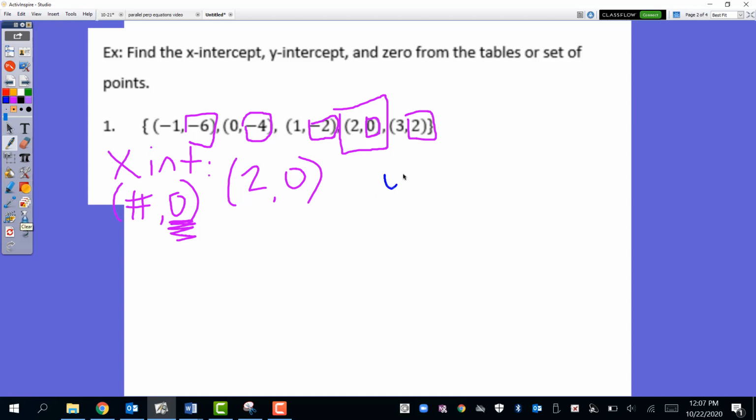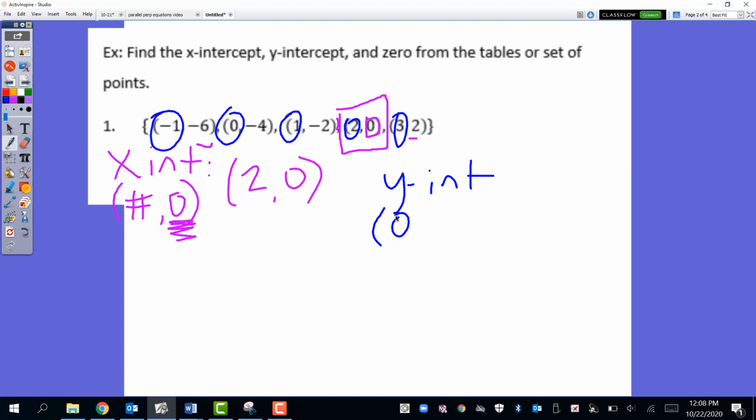For my y-intercept, I'm looking for the x to be 0. So I'm going to erase those numbers carefully. Now I'm looking at the x numbers. I want one of these x numbers to be 0, so it should be 0, comma, number. Where was the 0 on this one right here?